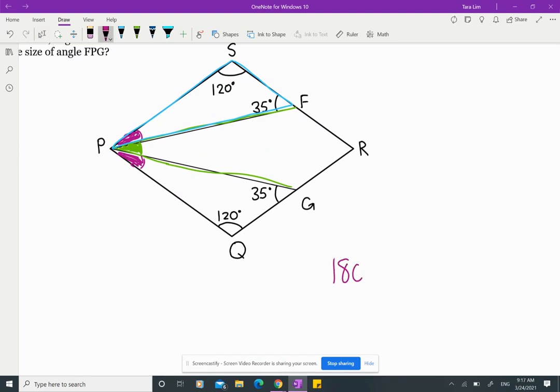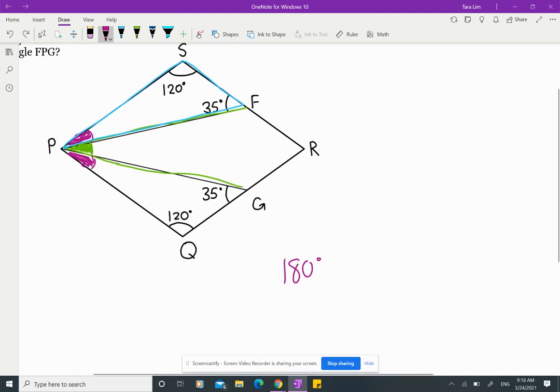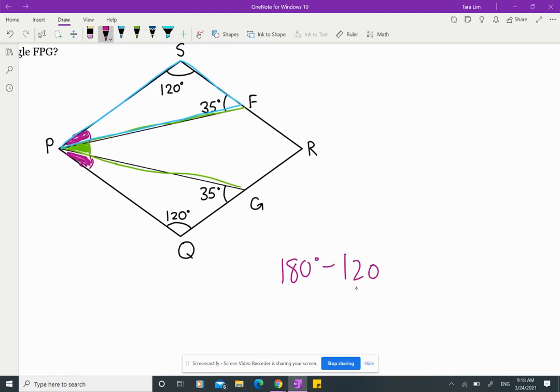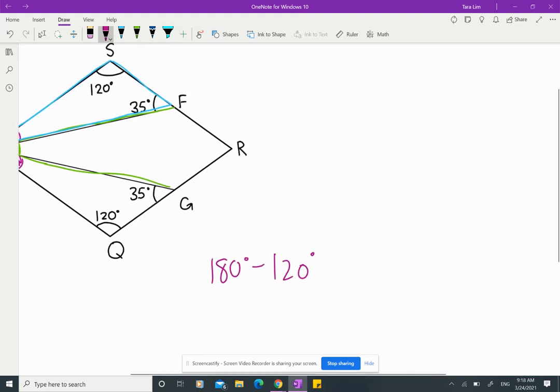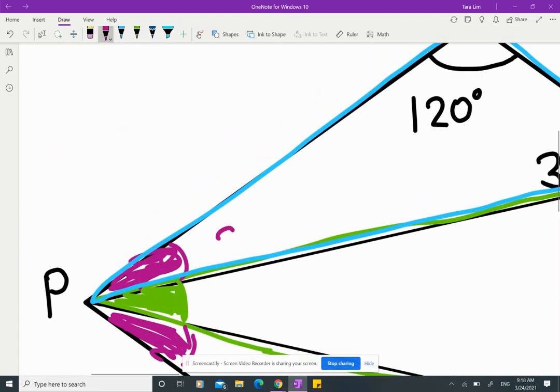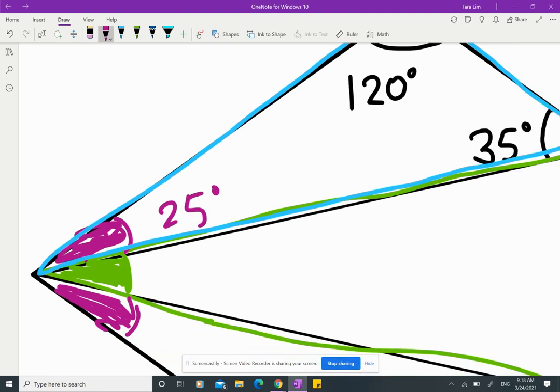So the total is 180 degrees, and now we want to minus both of these angles so that we know one of the angles. So 180 minus 120 degrees and again minus 35 degrees will give us 25 degrees. So this is 25 degrees.